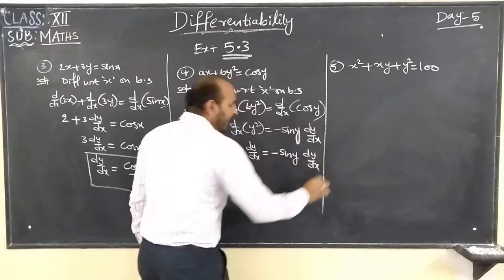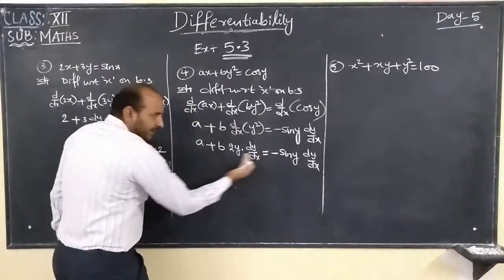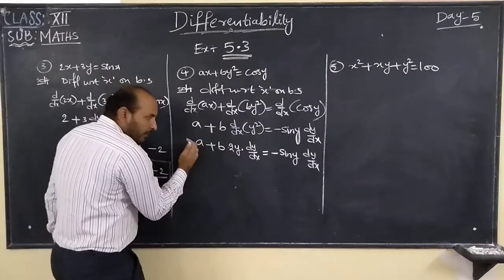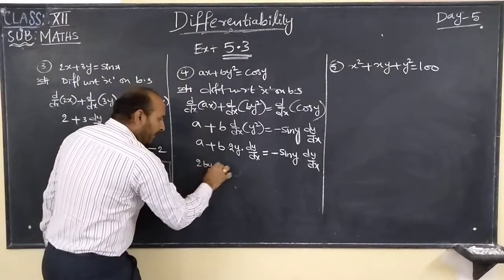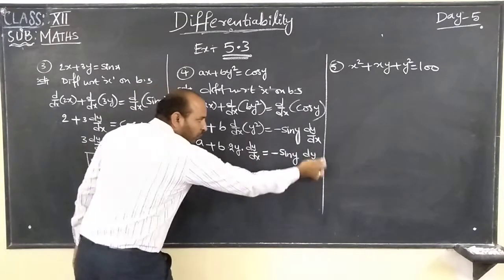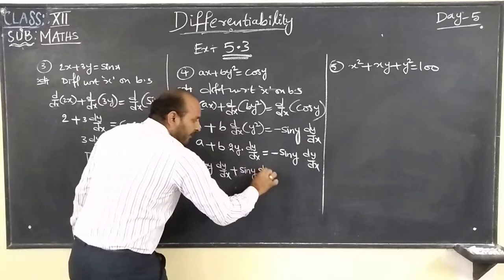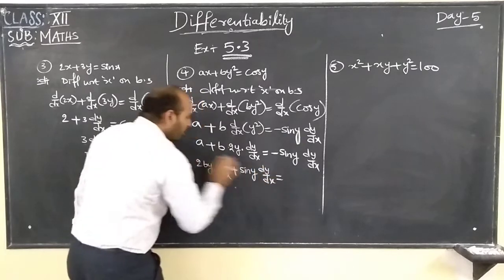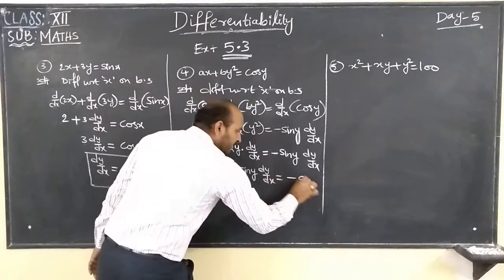So now dy by dx terms take this side, and terms without dy by dx take that side. So 2by dy by dx, this total term take this side, plus sin y dy by dx, which is equal to the term without dy by dx on that side, that is minus a.